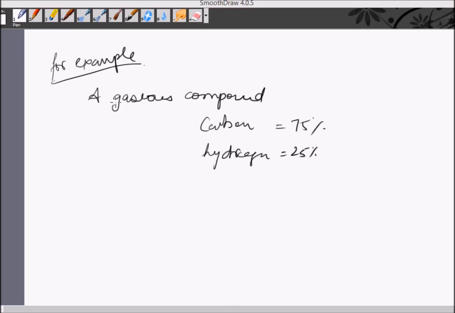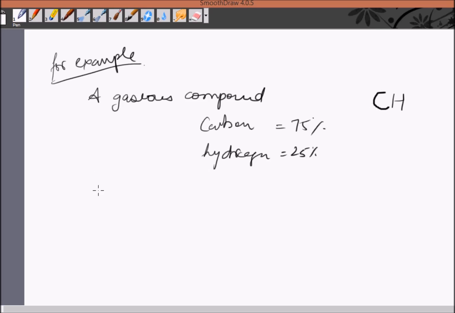What do we have to do in this step now? This compound contains only carbon and hydrogen, right? So this will be the proper composition. We want to calculate the empirical formula so that we can make the lowest possible ratio of the elements present in the compound.